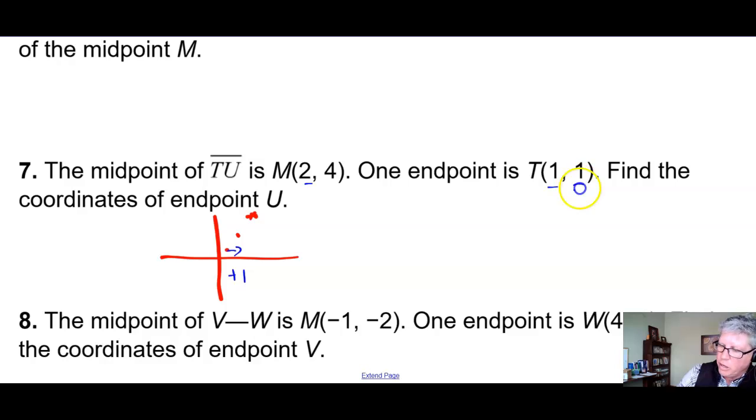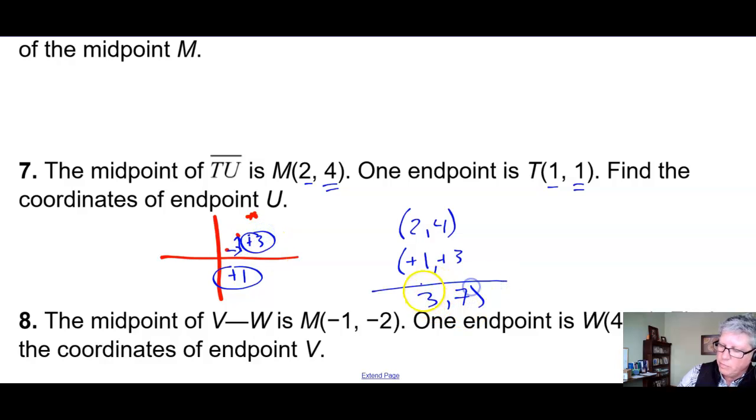And we started at 1 and went to 4, so we went up 3 in that position. So if we take our point 2, 4, and we go plus 1 in the x and plus 3 in the y, we're going to get 3, 7.